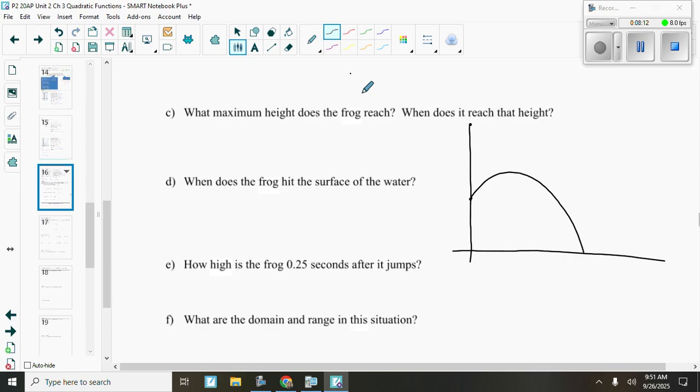And this is my h, my height. And this is my time in seconds. This is my height in centimeters.